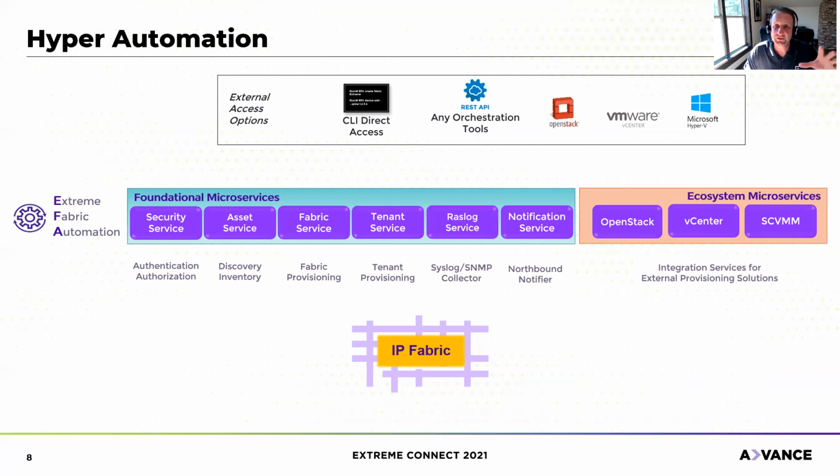When we bring up the switch that was down, we bring it up into something called maintenance mode. So it's available from a management perspective, but it's not forwarding traffic. EFA will then interrogate the configuration and make sure that the configuration is exactly what it should be. It should match exactly its pair. Once that happens, we take that switch out of maintenance mode. EFA does this automatically, and it begins to forward traffic.